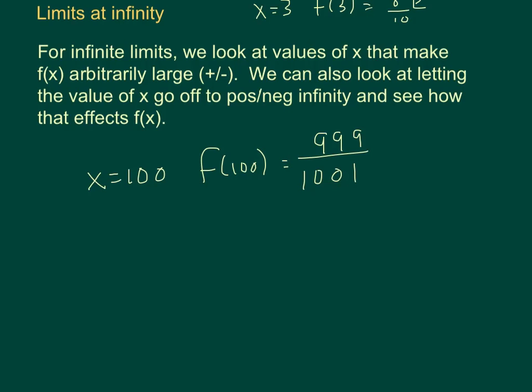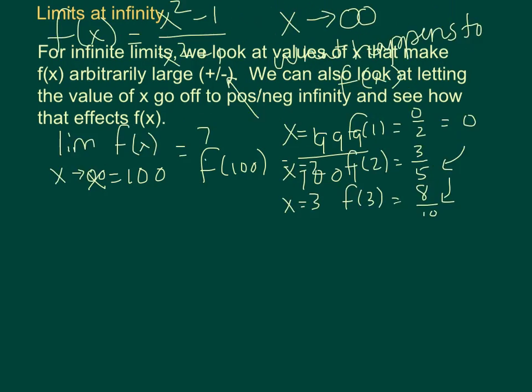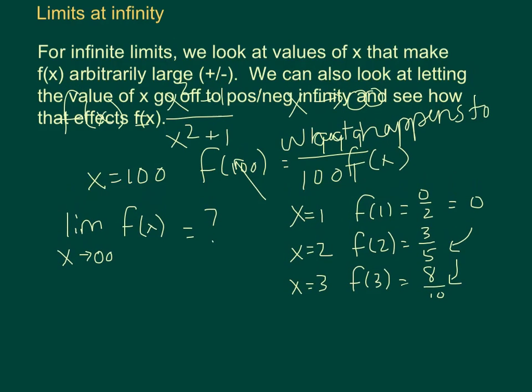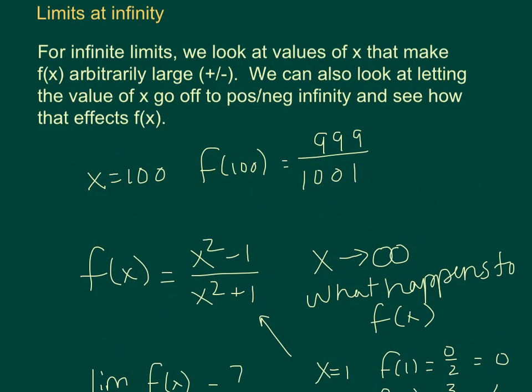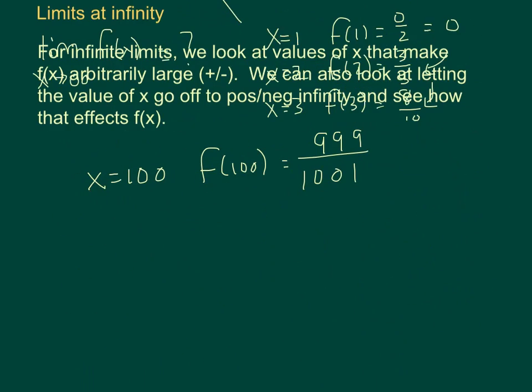And if you were to go back and look at all of the values that I had up here, 0 over 2, 3 over 5, 8 over 10, notice that the numerator and denominator simply differ by a value of 2. And that makes sense because over here the x squared minus 1 and the x squared plus 1 are only differing by the minus 1 and the plus 1, so a net change of 2. And we're seeing that in the fractions.